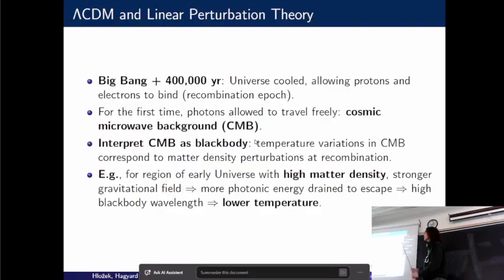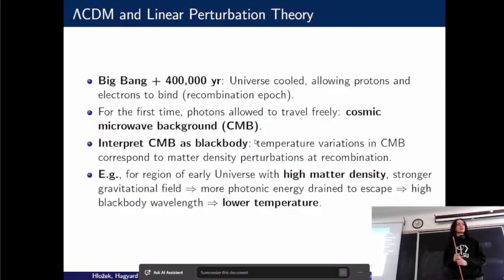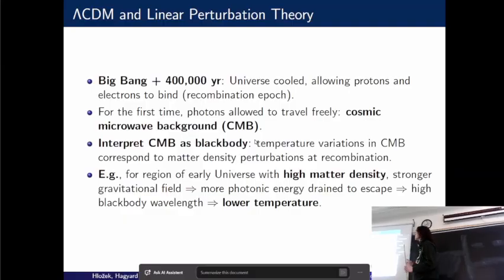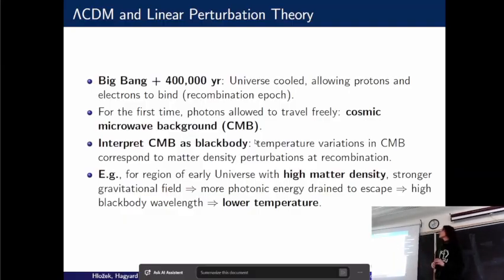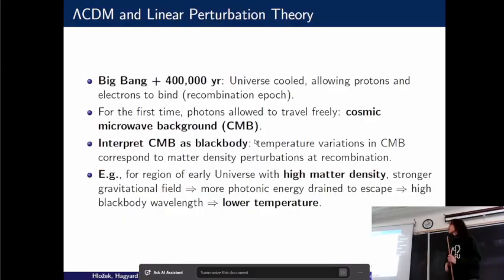Before what was called the recombination epoch, photons were confined to constant scattering with the free protons and electrons in the interstellar medium. At this point, protons and electrons were able to combine, and photons for the first time gained a significant amount of freedom to move. So this is what's known as the cosmic microwave background, just to get everyone on the same page.